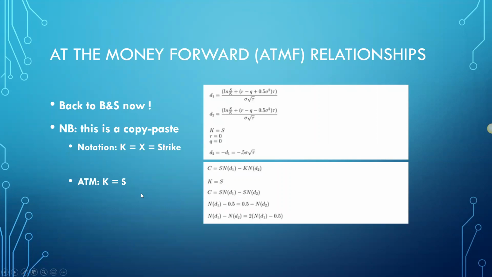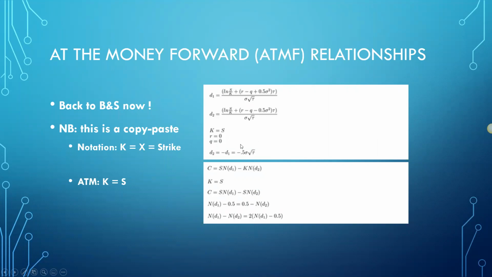the points apart. The forward is about 2 points, again, for expiries that are not too far away. So I could understand that we use ATM, but just to be on the strict side, I will consider these as ATMF relationships. So this comes from Black & Scholes.